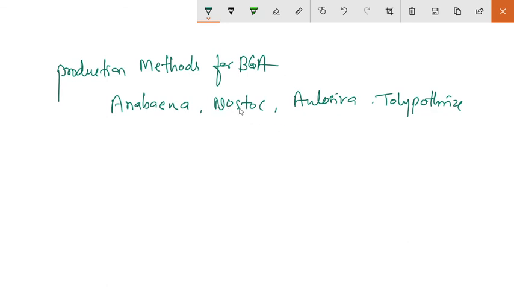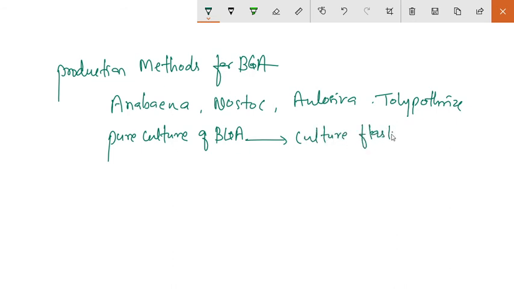Okay, so pure culture of these blue green algae, they are transferred to culture flasks having the Fox medium. फॉक्स मीडियम ज्याच्यामध्ये आहे अशा कल्चर फ्लास्कमध्ये हे प्युअर कल्चर जे आहे ते ट्रान्सफर केलं जातं. ओके, ट्रान्सफर.